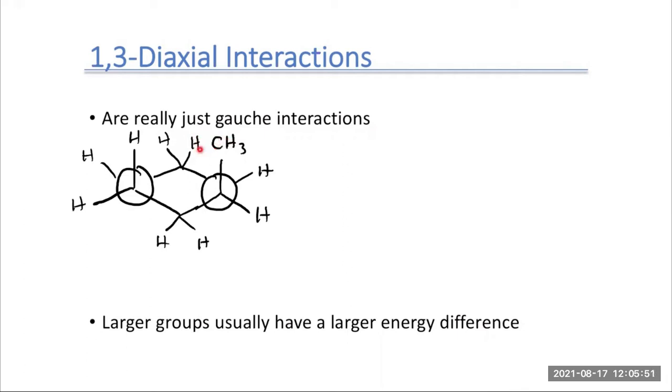So because they're in close proximity, you get your gauche interaction. So this would be if we had it axial.